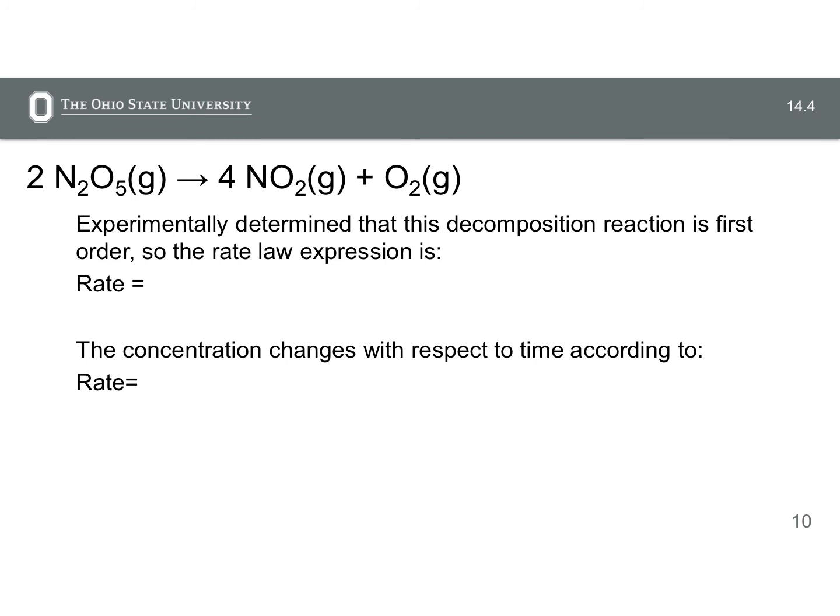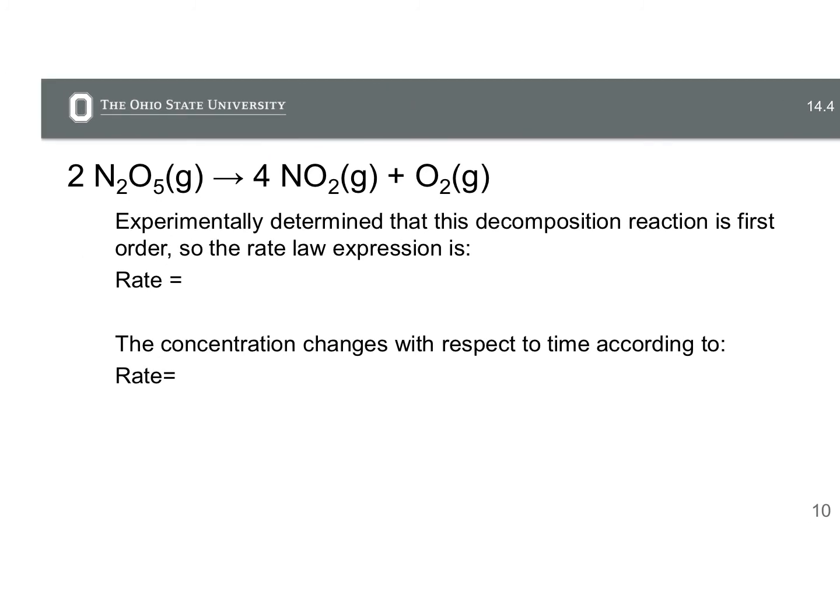Okay. I want to do this one here real quick. We've experimentally determined, so someone's already run the experiments, and determined that the decomposition reaction for N2O5 is first order. Okay? So the rate law has to be rate equals K times N2O5.